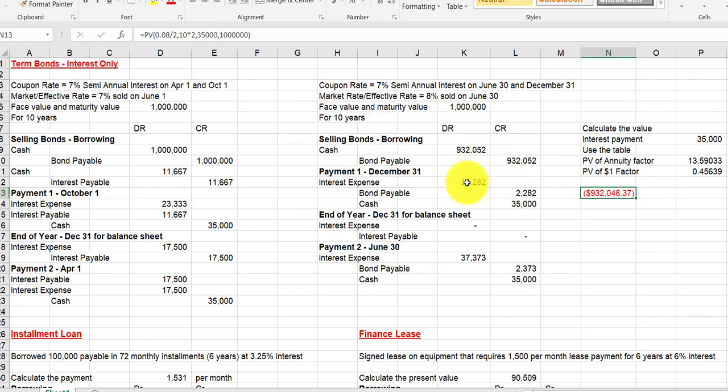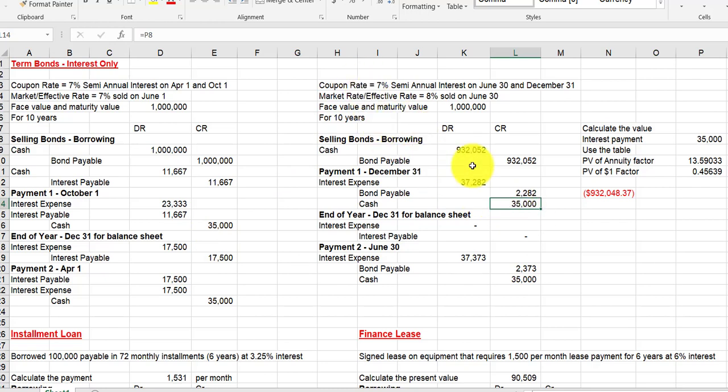All right, so calculate interest expense for the first payment on December 31st, 6 months in. We sold it on June 30th, so we're exactly 6 months in. We're going to multiply the bond payable times the effective interest rate, the 4%, or 8% divided by 2. The cash is $35,000, just like it was over here, because the coupon rate does not change.